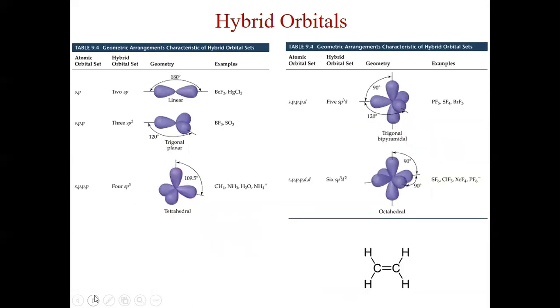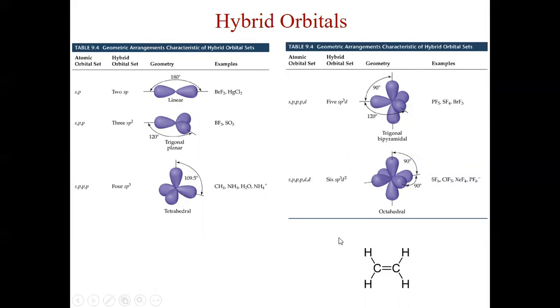So this chart shows you what the hybrid orbital set is, that is, what the hybridization is. I do have a few examples here for you. To the left of that table, it says the number of electron domains.